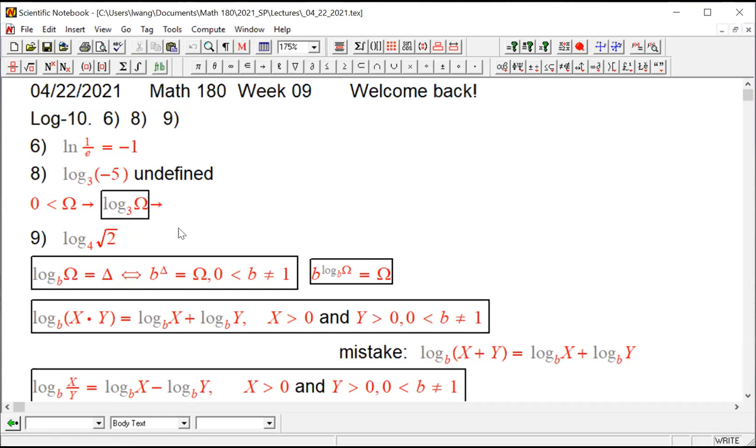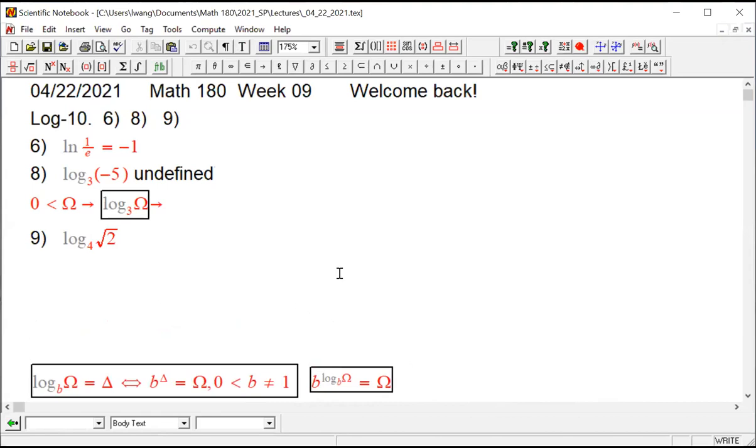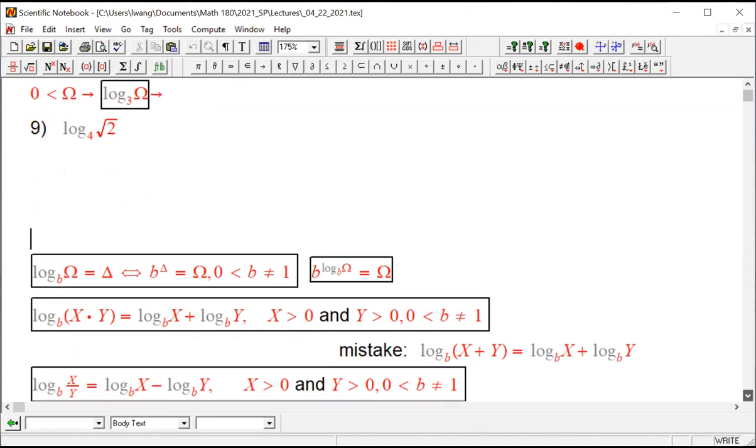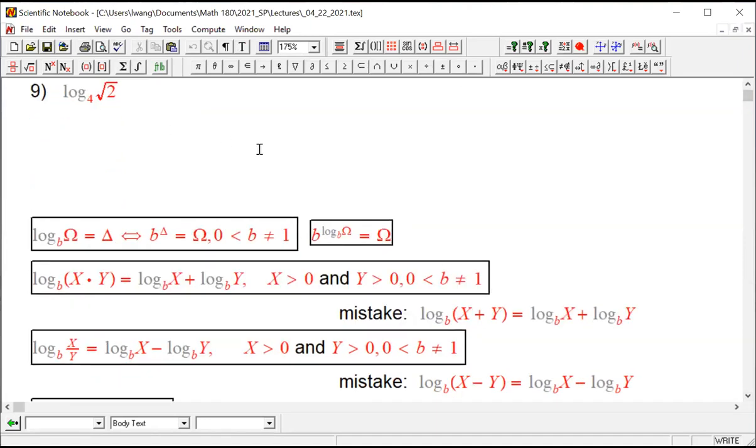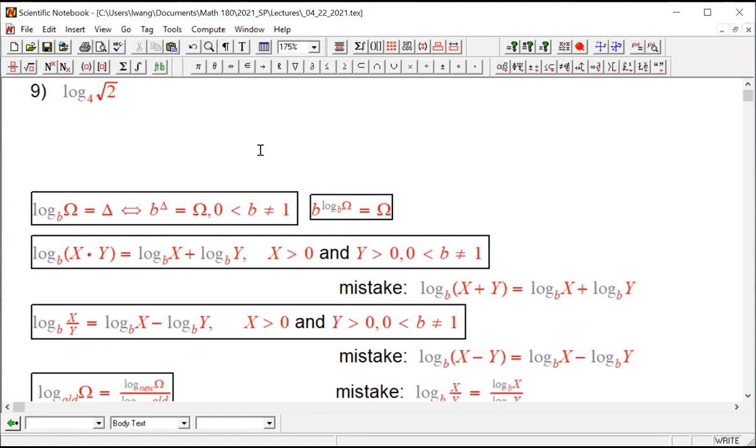Okay, so number 9. I'm glad you guys tried this yesterday, right? So besides all of these new rules and properties that we have derived, you also need to be reminded of the domain and range that comes with the function connected with basic one.